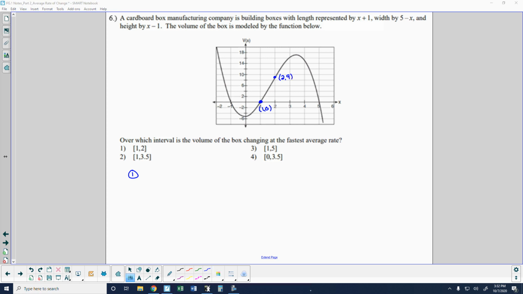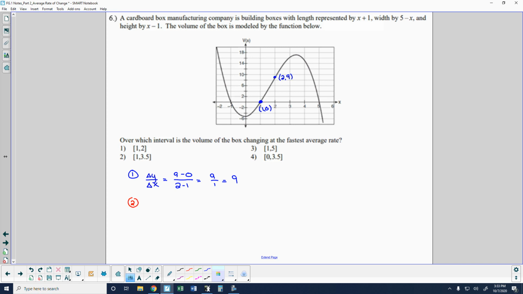So if we want the average rate of change for this interval number 1, we want to do the change in y over the change in x, which is going to be 9 minus 0, y minus y, so 9 minus 0, over x minus x, 2 minus 1. This would simplify down to 9 over 1, which is just 9. So the average rate of change for interval 1 between the x value of 1 and the x value of 2 is 9.